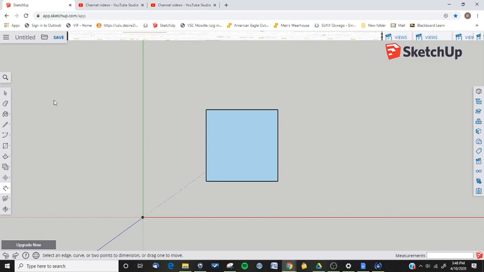A plane is essentially a surface that goes on into infinity, whereas the axes are lines that go on to infinity, in essence. There's a little bit more that could be said about that, and my definition is not perfect. I'm just trying to simplify it to get across the point.